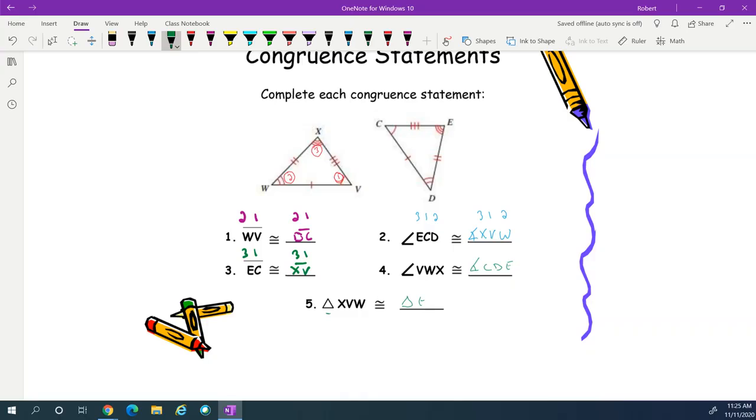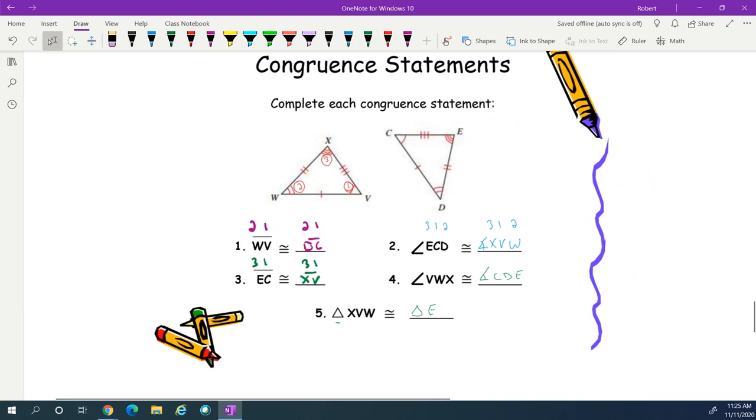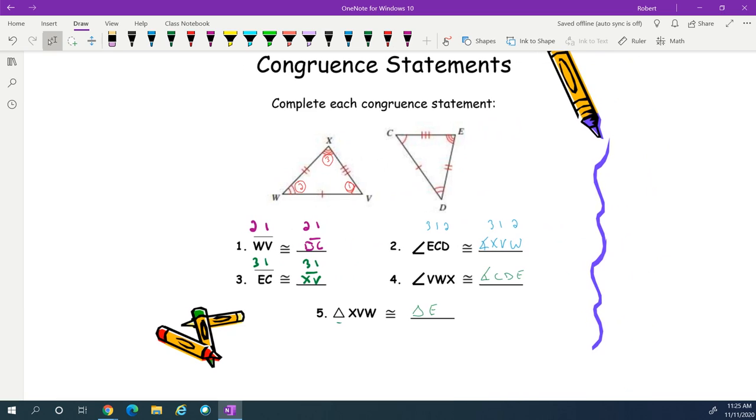That is going to match E. What comes next? Sorry. E. V matches up with C. And then finally D.